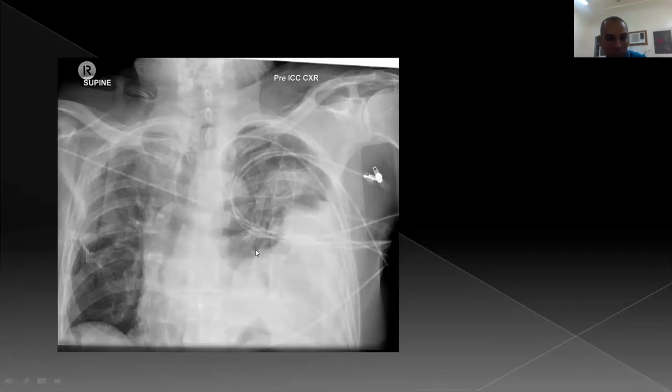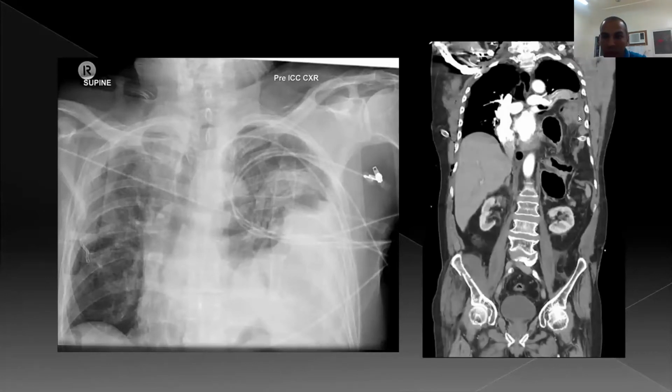It's not smooth, it's serrated, or there is an irregularity in the left diaphragmatic copula. And yes, you are right, it's markedly elevated. We also have multiple rib fractures on the right side, and this may be pulmonary contusion or something like this. And we have here mediastinal shift. For this diaphragmatic elevation, you should suspect there is something wrong in the diaphragm, maybe some diaphragmatic rupture.